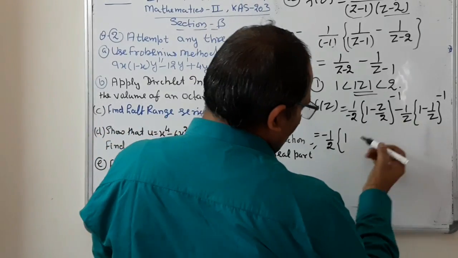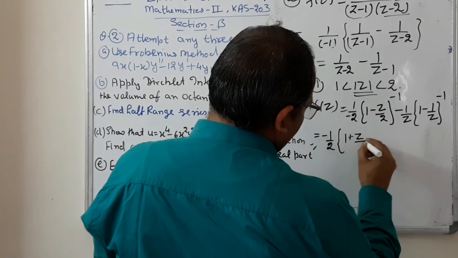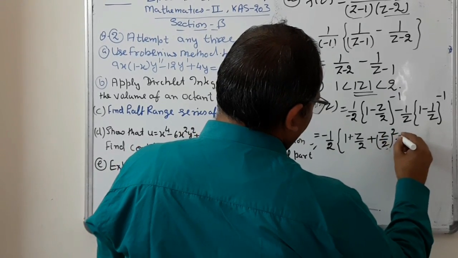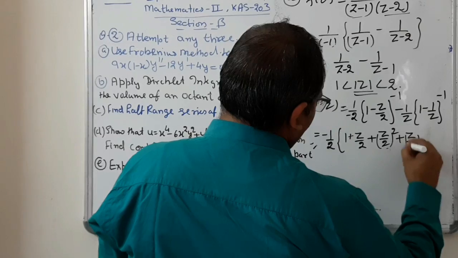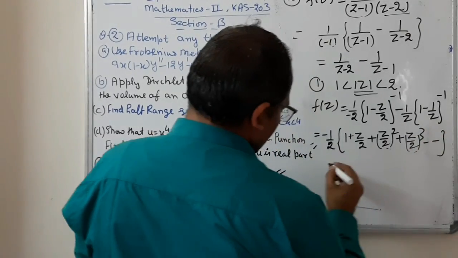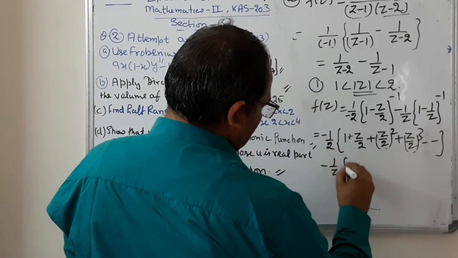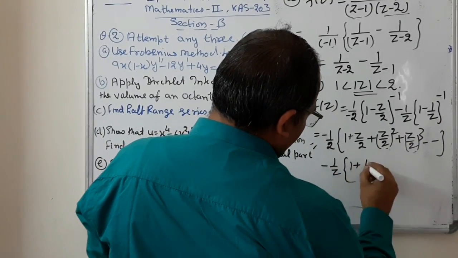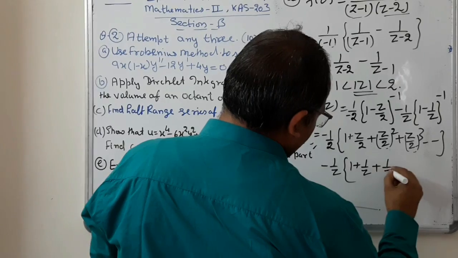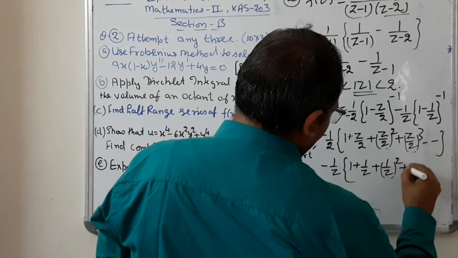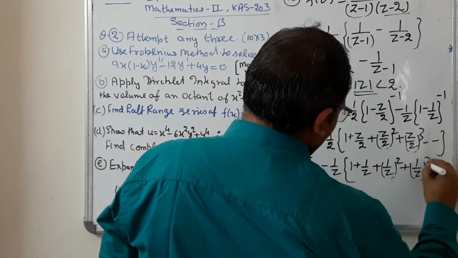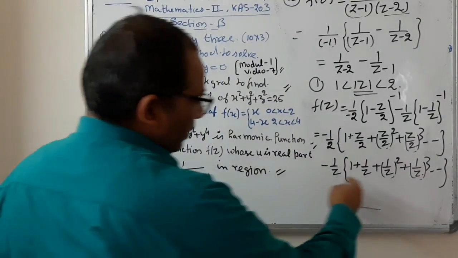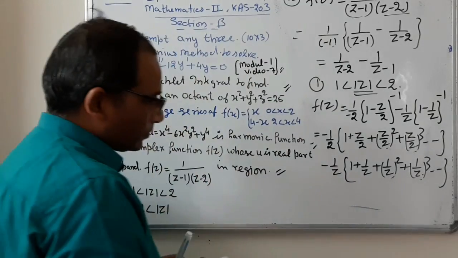So a is z by 2, so 1 plus z upon 2 plus (z by 2) whole square plus (z by 2) whole cube, like this, minus 1 upon z, and this is again the same formula, so 1 plus 1 upon z plus 1 upon z square plus 1 upon z cube. We multiply 1 upon z inside, and this is the answer.